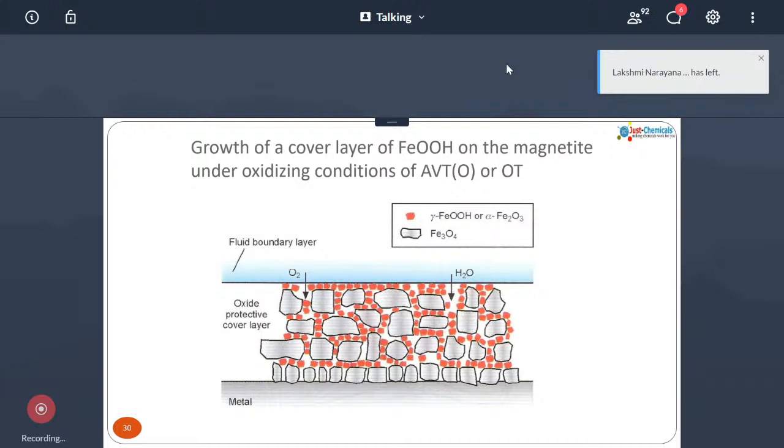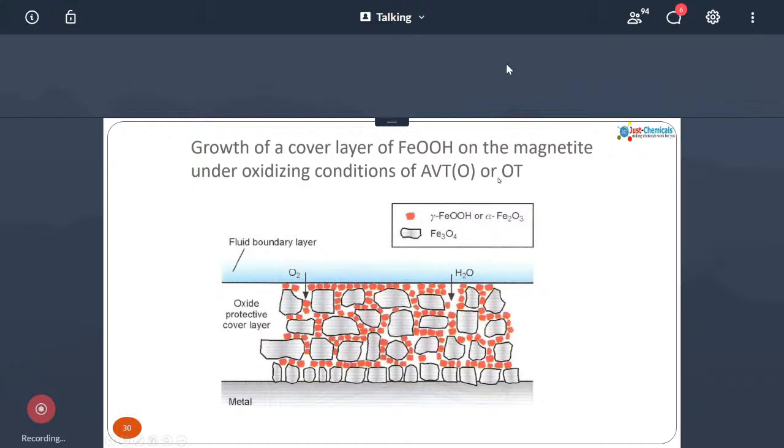Now, where the Fe3O4 is already generated, there we stop the hydrazine, we let whatever oxygen is there. There are 2 methods: AVTO, all volatile treatment oxidation, where we do not add any kind of reducing agent, it's only ammonia, and oxygenated treatment.